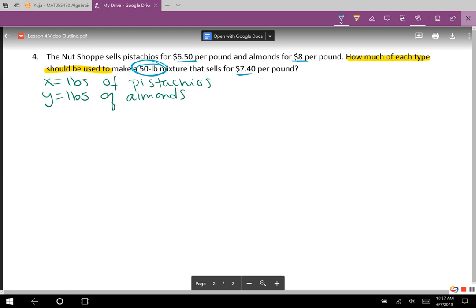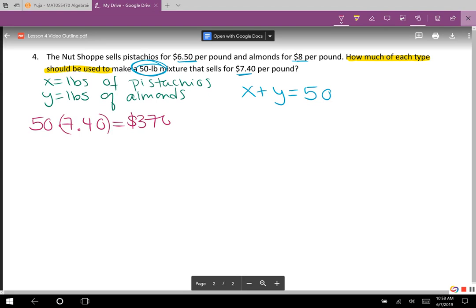And then the prices have to work out as well. So if I've got 50 pounds that sells for $7.40 per pound, 50 times $7.40 is $370. So the total value of this mixture is $370.